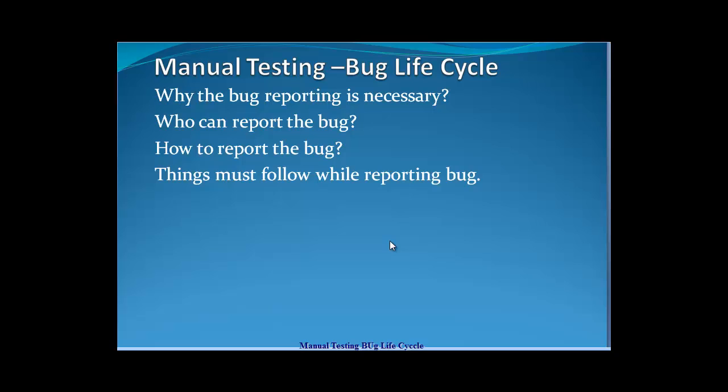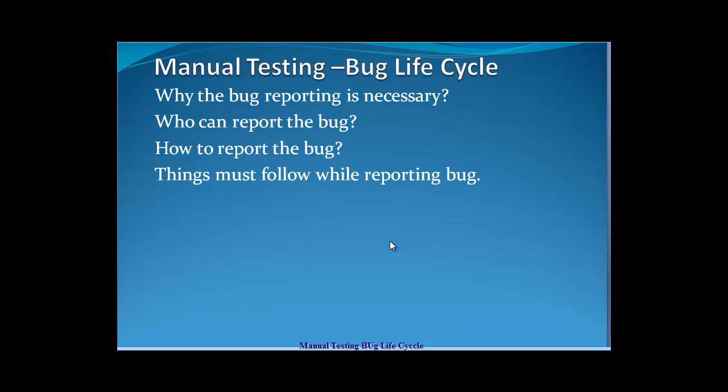Now, why is bug reporting necessary? When we verify our application, we execute a certain set of test cases to verify its behavior. If the actual result displayed at the time of execution is not as per the expected behavior of the application, then we must communicate that defect or bug to the creator of that application.